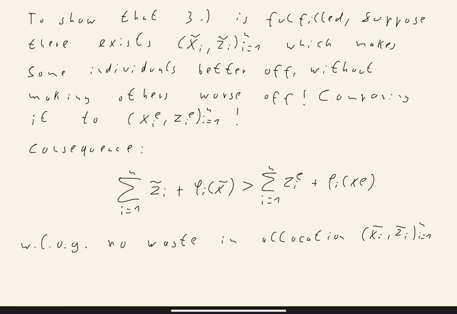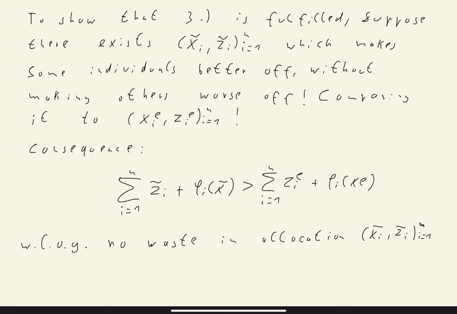This is without loss of generality because if there were waste and we had an allocation which fulfills this inequality, we could always find another allocation with no waste which would be strictly larger than the tilde allocation. So it wouldn't change anything, but it makes our life a little bit simpler.